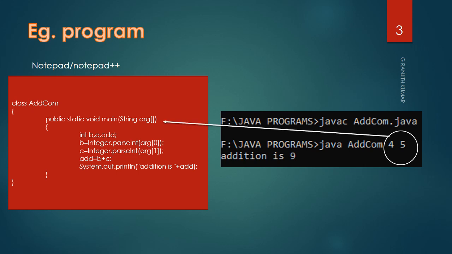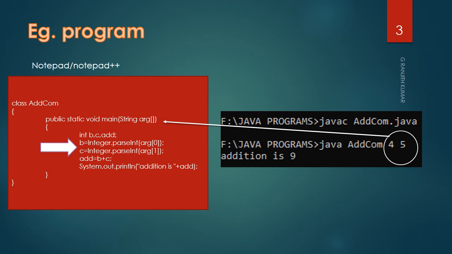Initially these will be stored in the string array args. So args of 0 represents 4, args of 1 represents 5, but those are in the form of objects, not in integer form.